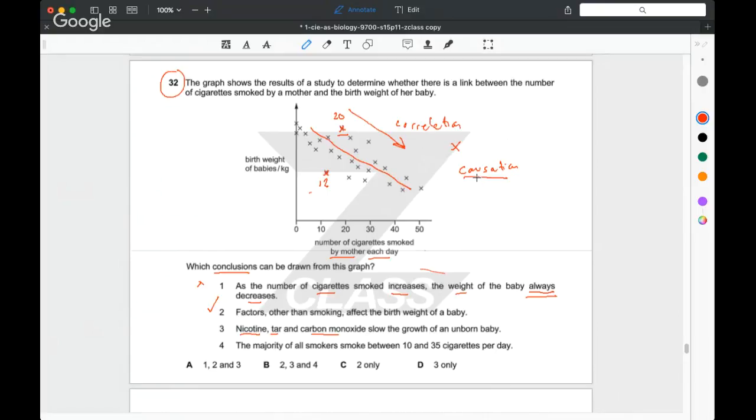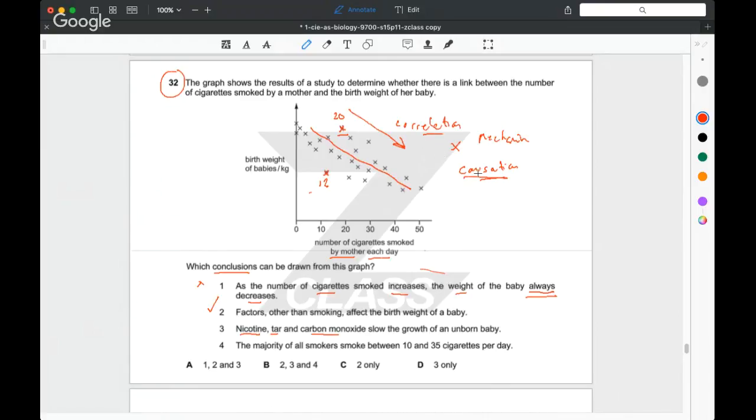Now we can come up with a hypothesis that actually maybe carbon monoxide is the causative feature for the low birth weight. Once you've made a hypothesis, then you're going to have to show there's an actual mechanism that ties the causation to the correlation.